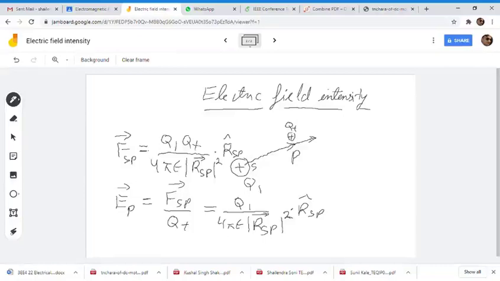Wherever you want to find the electric field, you need to place a test charge there. Force is the most fundamental quantity in electrostatics. All the other things are derivatives of force, and the electric field is one of them, derived from force.